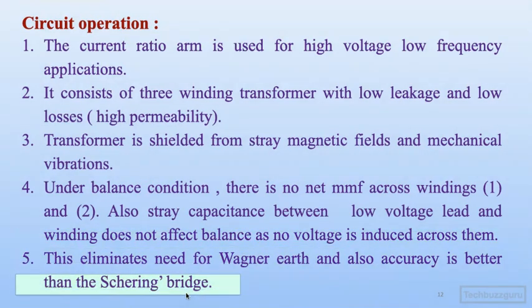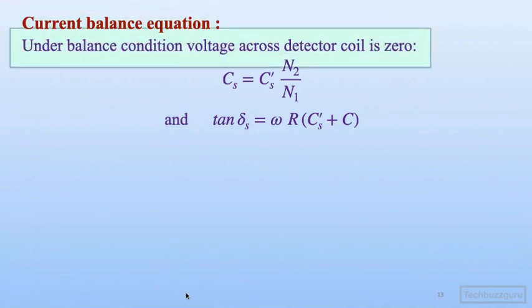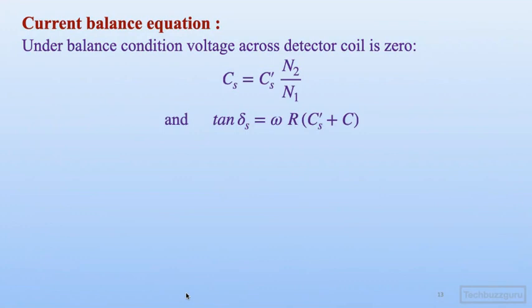So let us come to the current balance equation. Like we have seen for the voltage balance, under the balance condition, voltage across the detector coil will be 0, and current balance can be expressed in terms of capacitances. CS equal to CS dash ratio N2 by N1, and the loss factor tan delta S equal to omega R CS dash plus CS.